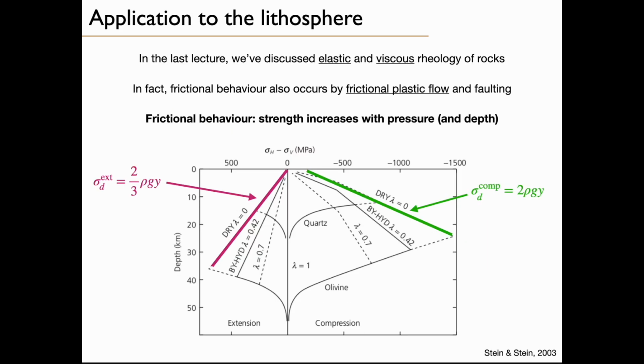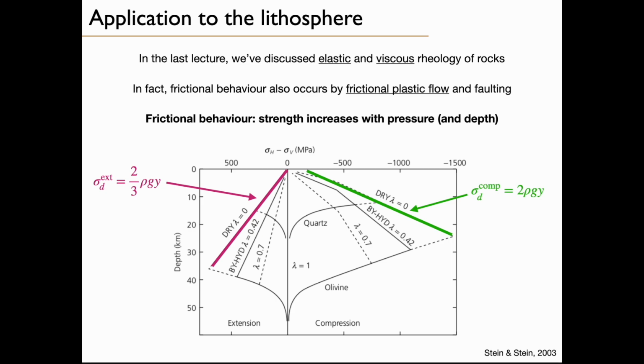So we have a coevolution. That's very important because this tells you that the stress is different in compression and in extension, and that they also evolve with depth in a different way in compression and in extension. In the last lecture, we discussed elastic and viscous rheology of rocks and the deformation structures associated to this.